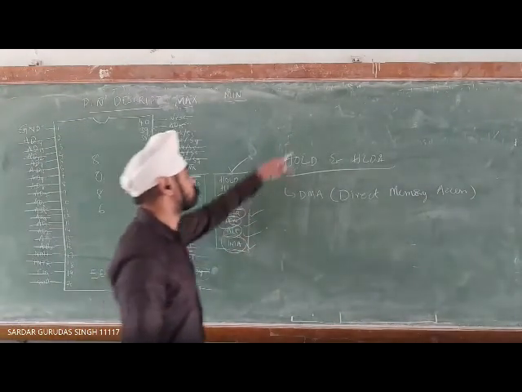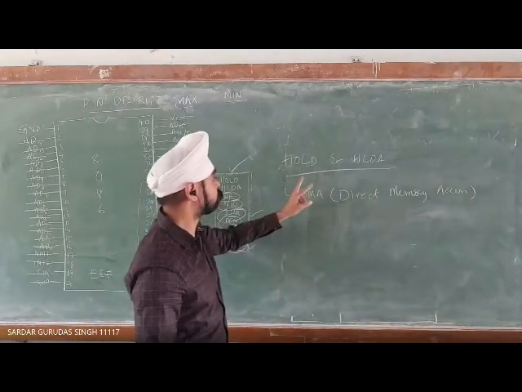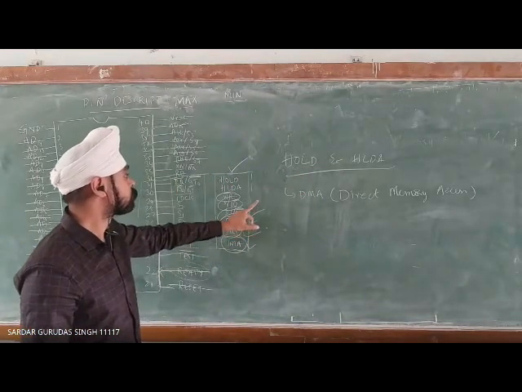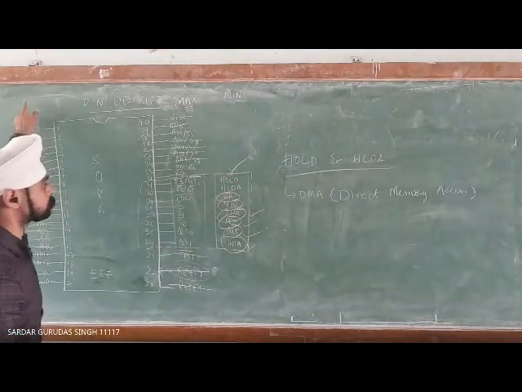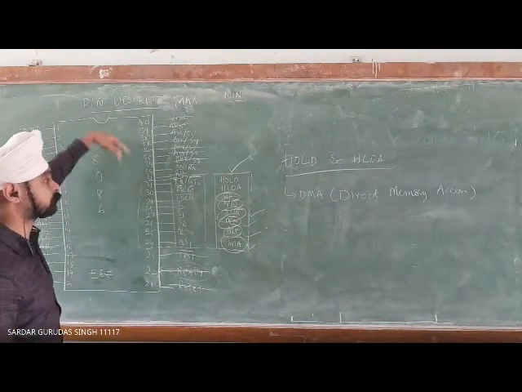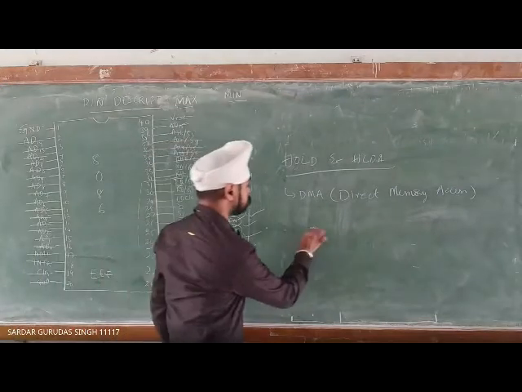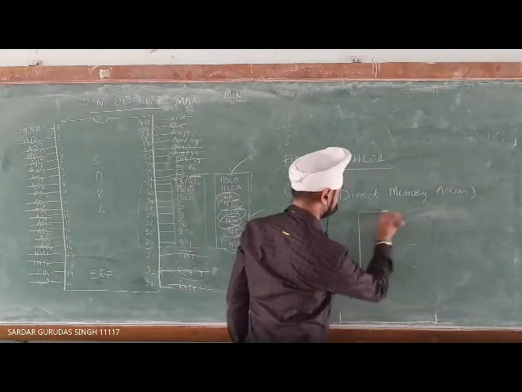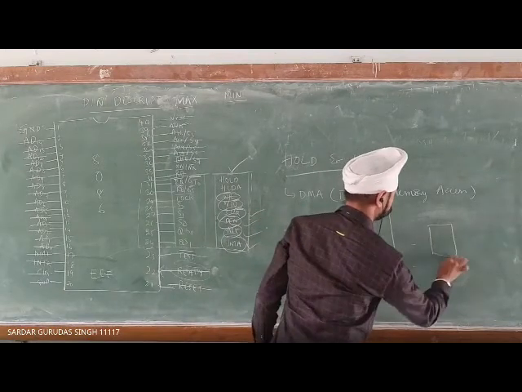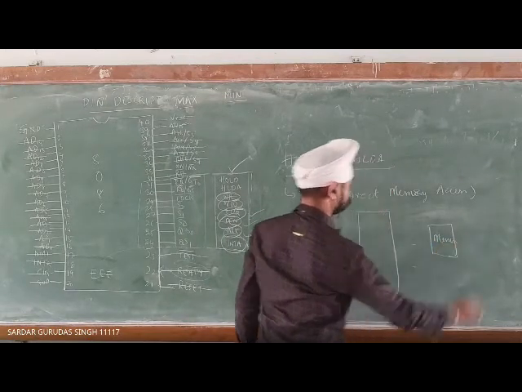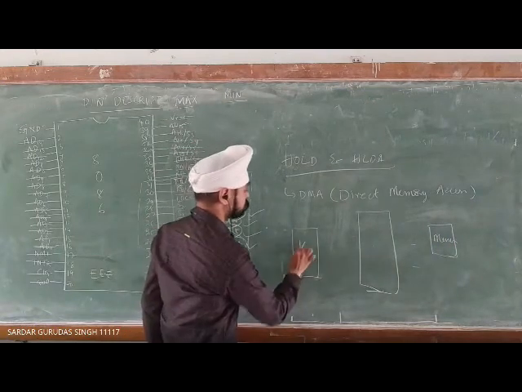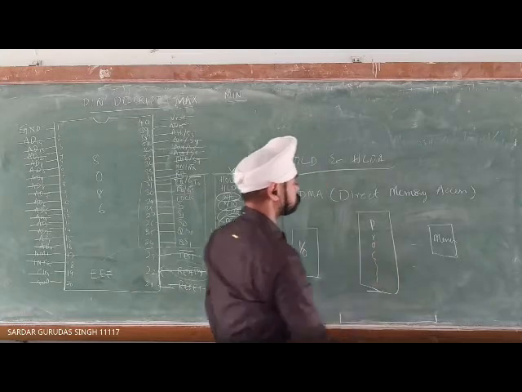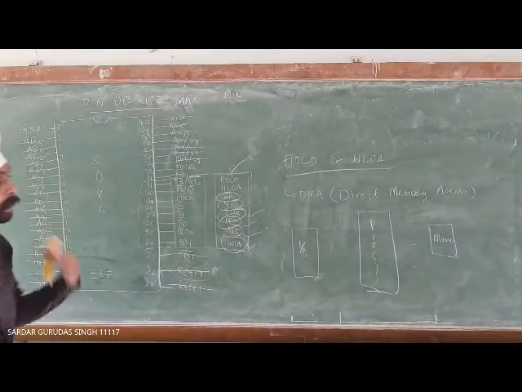See how this is used. It is very simple. If some peripheral wants to access memory without intervention of processor, this is your memory. This is some IO device. This is processor. Okay.